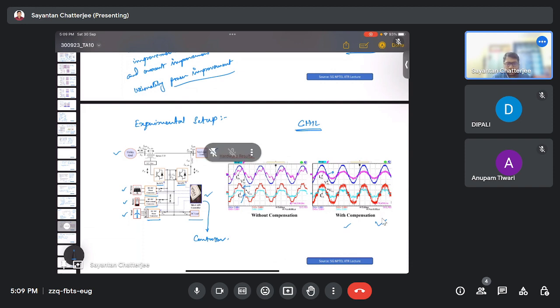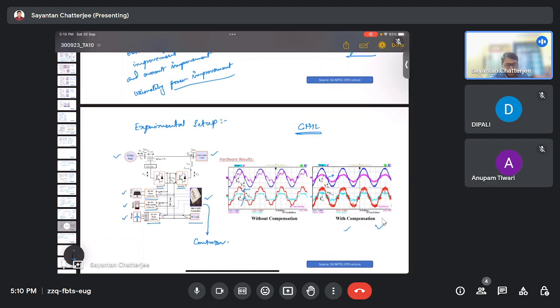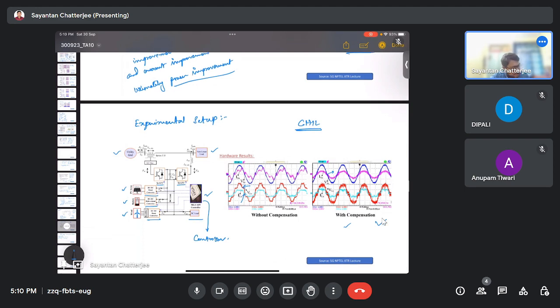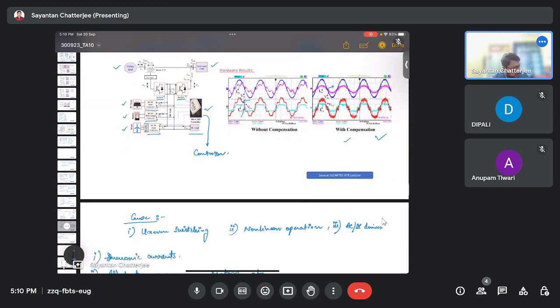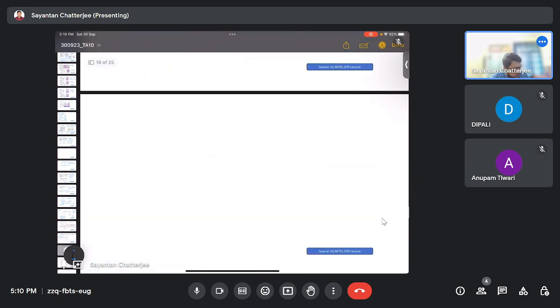That validates that if we use compensating units in the system, it would inherently improve the system performance, or mitigate the harmonics in the system, right? That's the overall discussion of this.